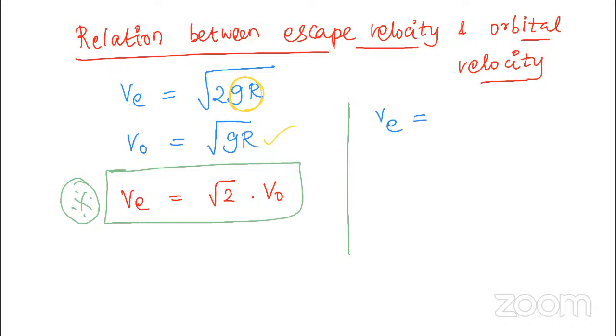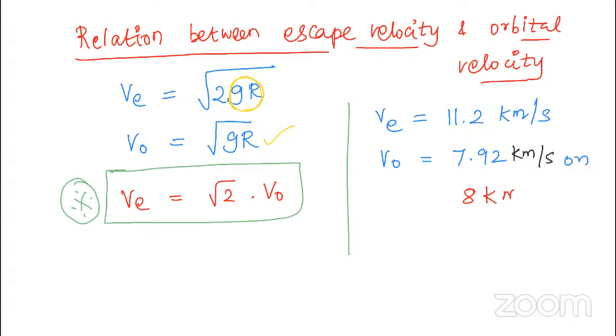11.2 kilometer by second. Okay, very good. So here the V naught value is also the orbital velocity, also a constant value, that is 8 kilometer by second.